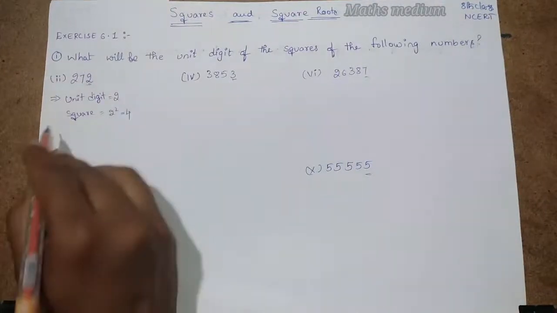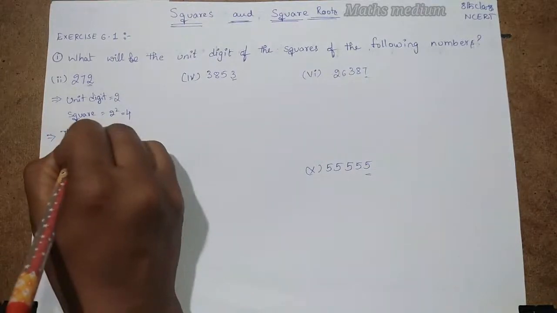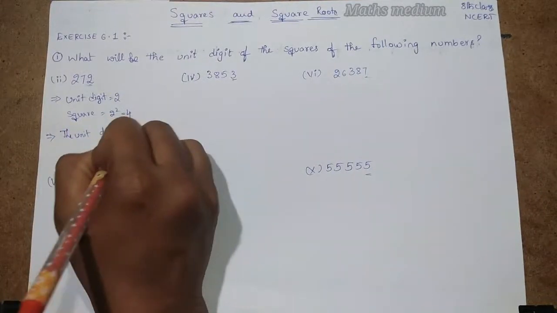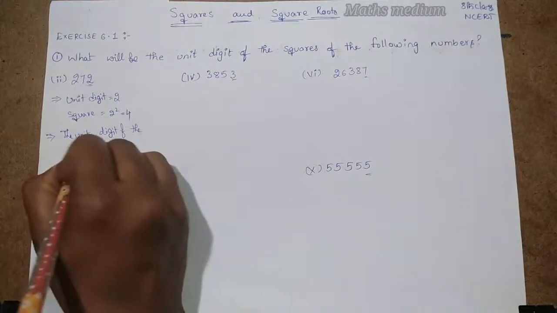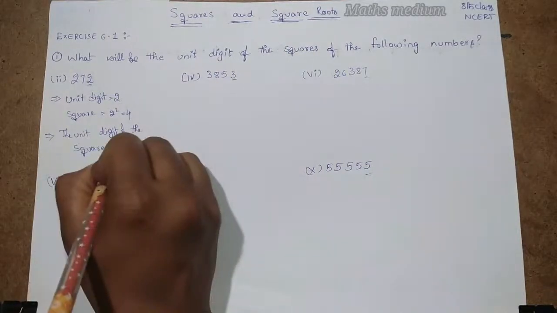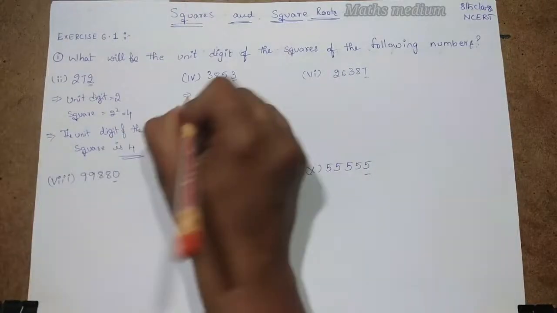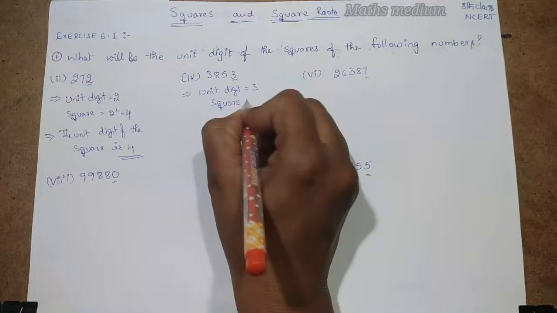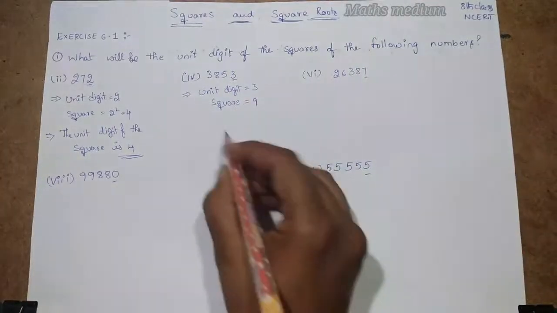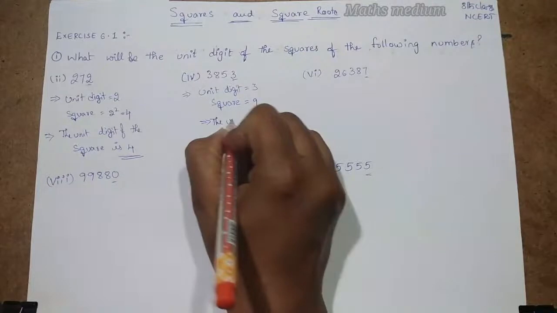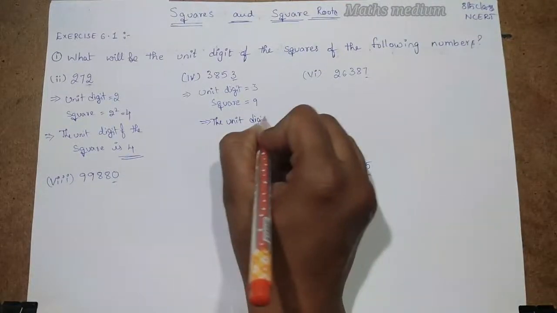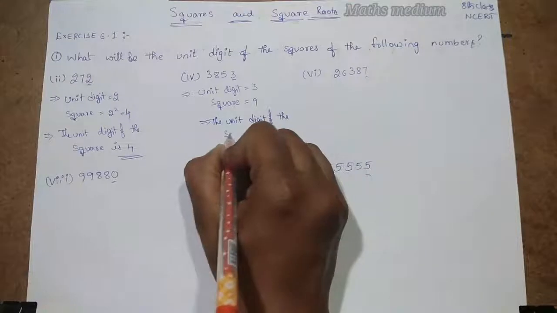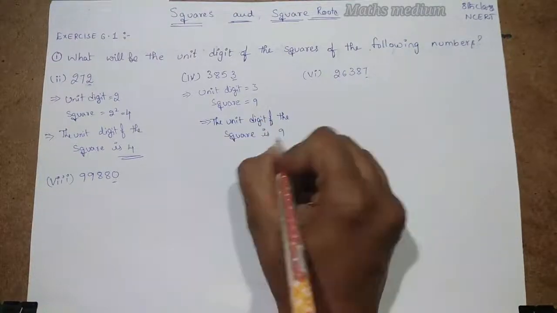Now the answer is the unit digit of the square is 4. Next, similarly here also, unit digit equal to 3. Square is equal to 9. Here, the unit digit of the square is 9.